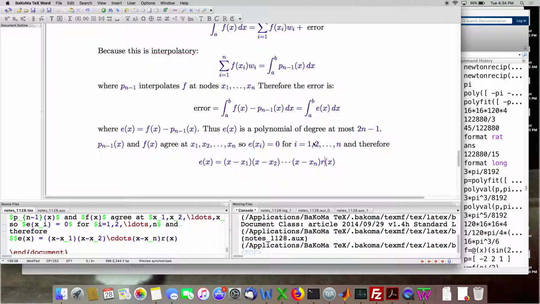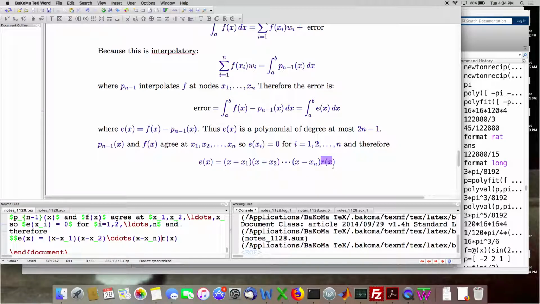Although I want to include the degree. So, based on the degrees of everything that I put up here, what I'm factoring out is a polynomial of lesser degree.